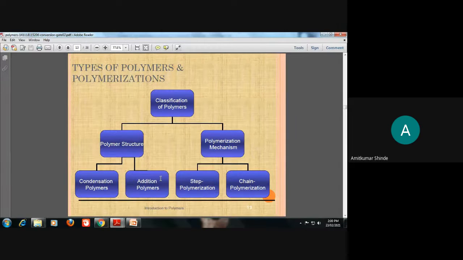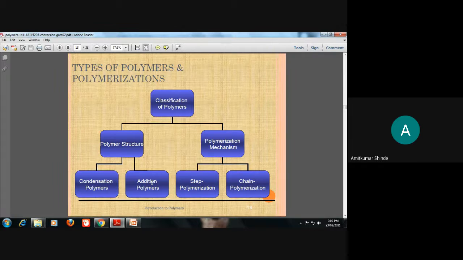And now the question will be like this: why have I drawn this diagram? Here on the left hand side, whichever polymerization is occurring in that material, depending on that, the classification of the polymers is done. Suppose one particular polymer is formed with the help of chain polymerization. This chain polymerization is also known as addition polymerization, and its resultant material will be termed addition polymer. This is the classification of that polymer, and this is the classification of the polymerization technique or mechanism.